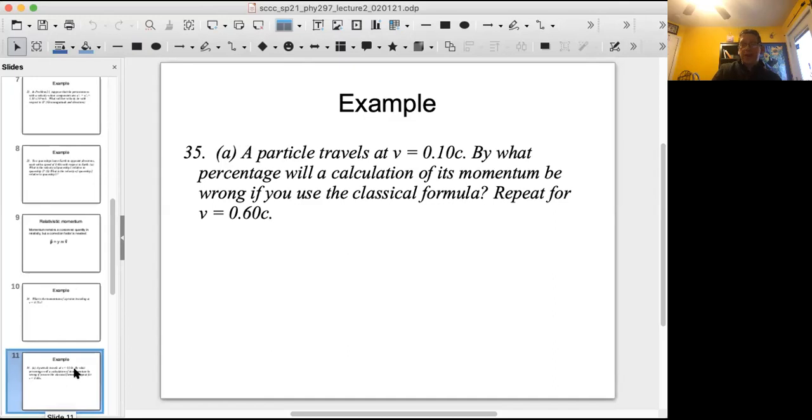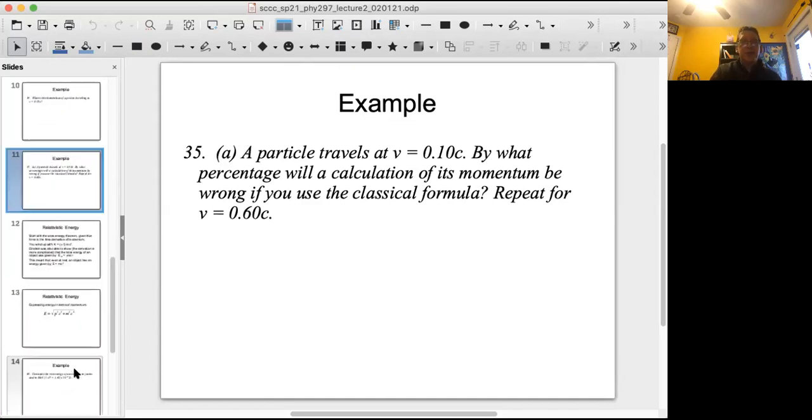Now, a particle travels at v equal to 0.10 c. By what percentage will a calculation of its momentum be wrong if you use the classical formula? And repeat for v equal to 0.60 c.